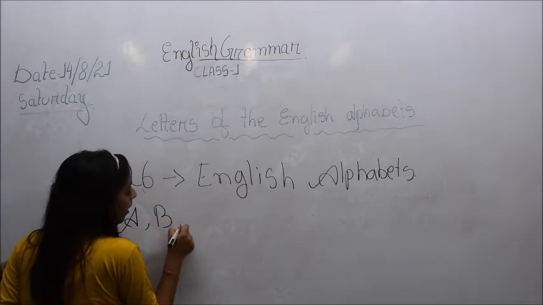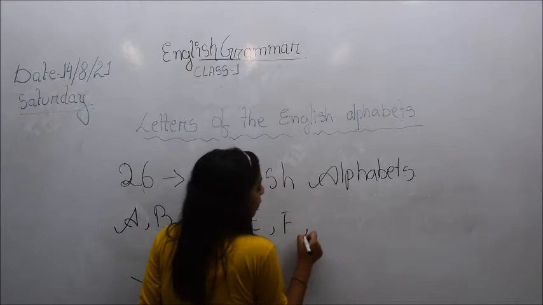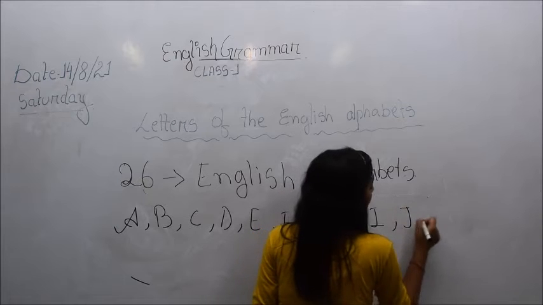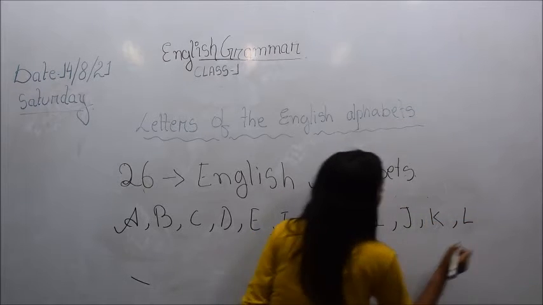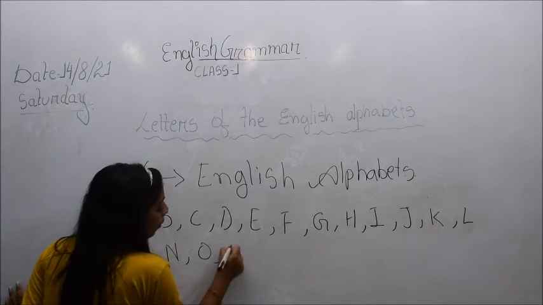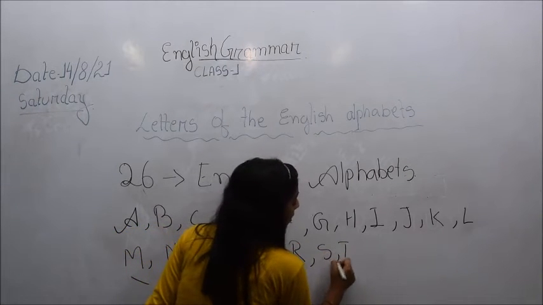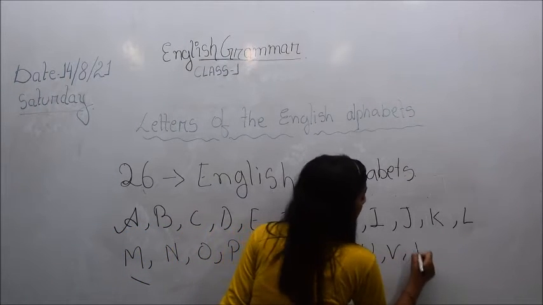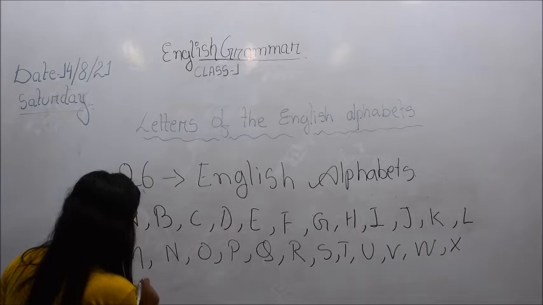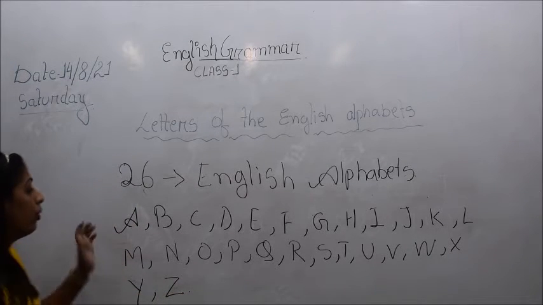A, B, C, D, E, F, G, H, I, J, K, L, M, N, O, P, Q, R, S, T, U, V, W, X, Y, and Z. Look at the board, children.